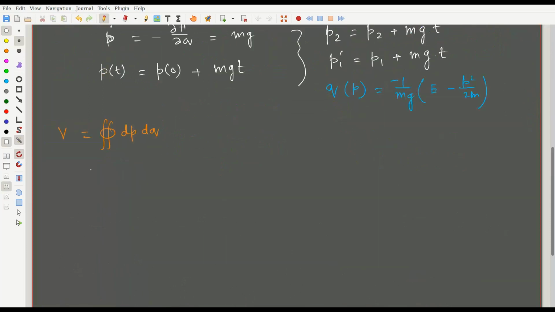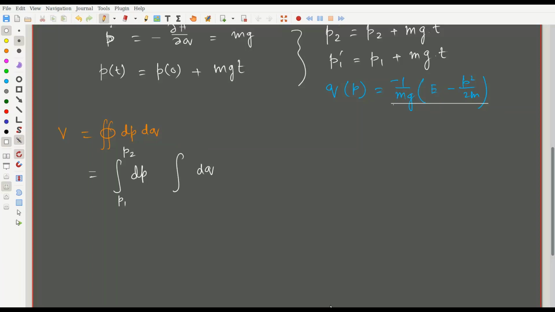You break this integral into two parts: integration over dp from p1 to p2, and integration over dq, with limits given by this, or rather e1 to e2 for a certain p.